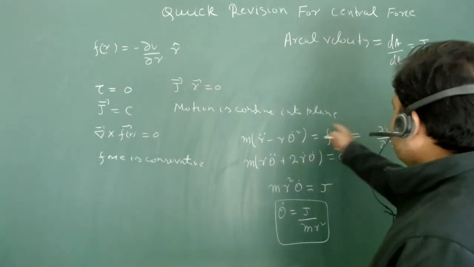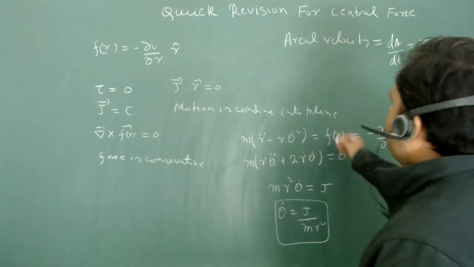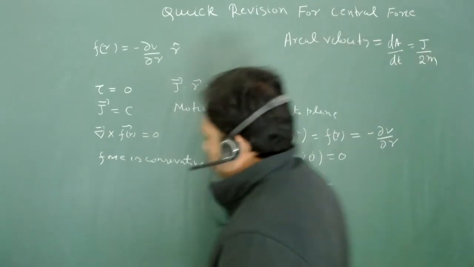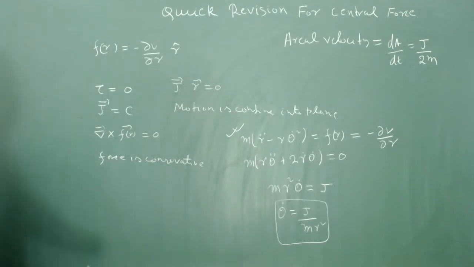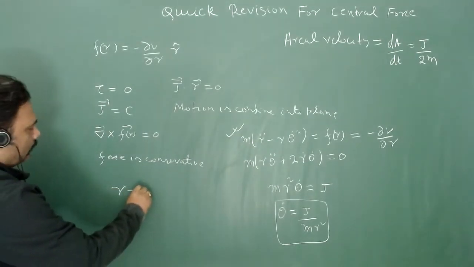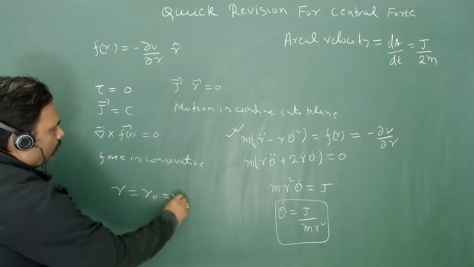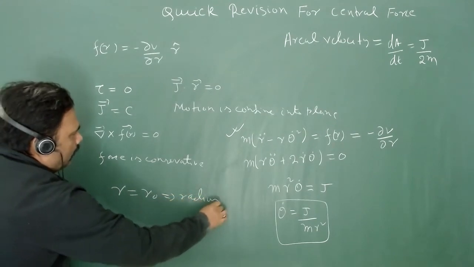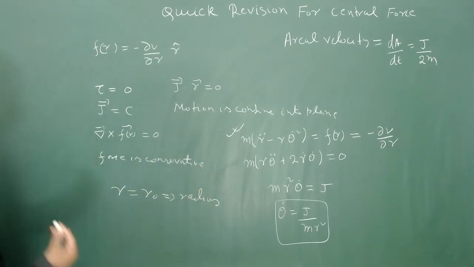And now we will go for the condition of a circular orbit for radius r naught. We can use this particular formula, and let's say r is equal to r naught is the radius, and we can easily talk about the circular motion.